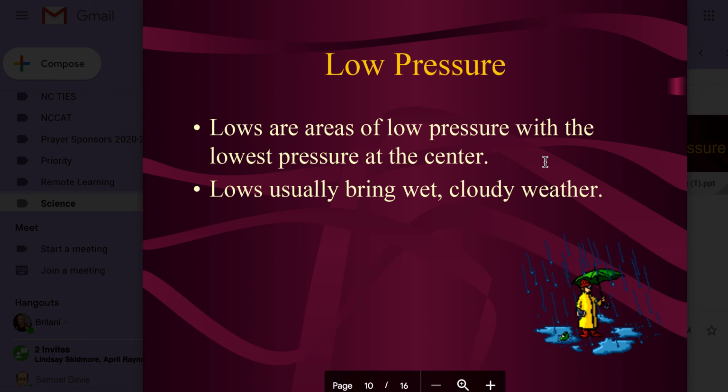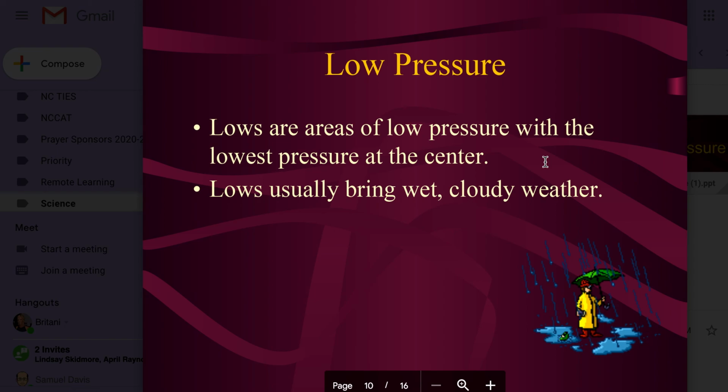So low pressure areas have low pressure at the center, and they usually bring that lousy weather we talked about: wet, cloudy, ugly weather. Okay, and that has that light air also. So low pressure, light air, lousy weather is how I think about it.